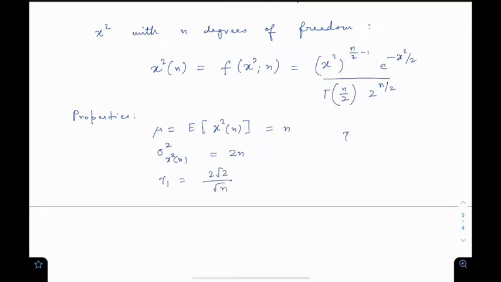The kurtosis is given by 12 by n, and the characteristic function is described as 1 minus 2it to the power minus n by 2.